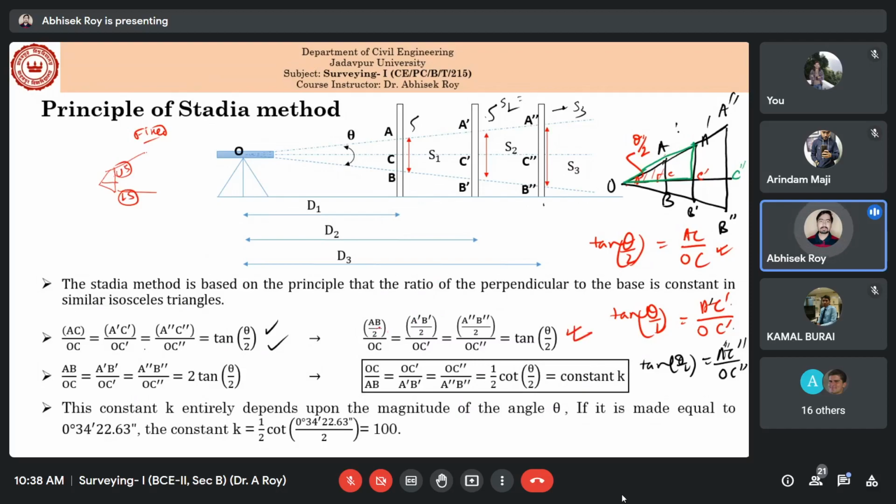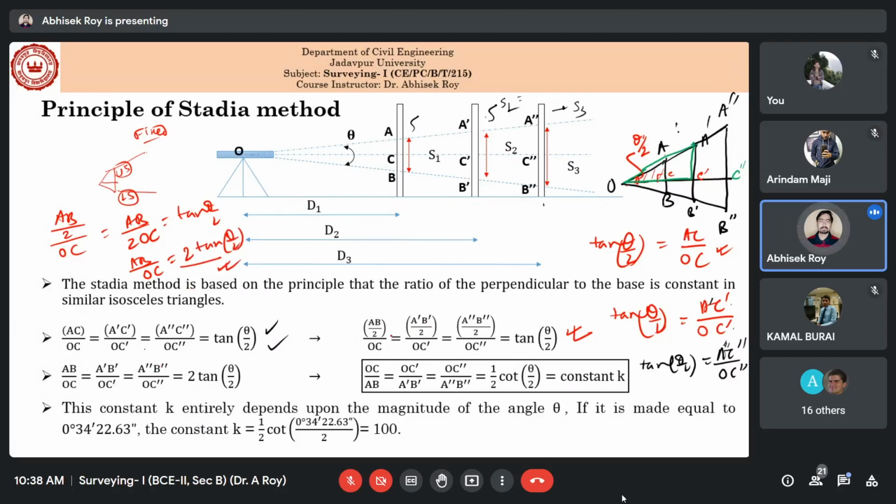Now I can write simply AB by OC. From this line I can write AB by 2 by OC, which I can write AB by 2 OC is equal to tan theta by 2. From here I can write AB by OC equals 2 tan theta by 2, right?